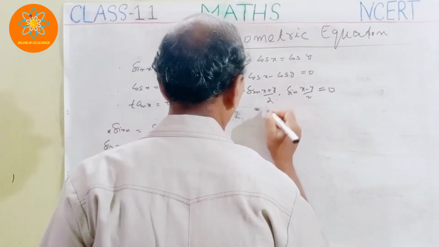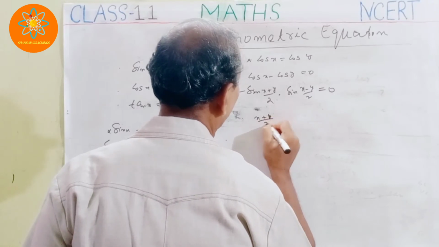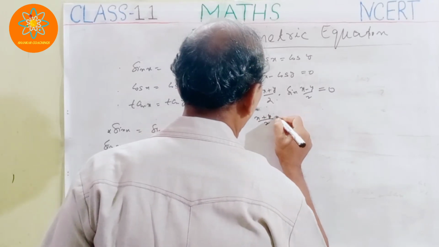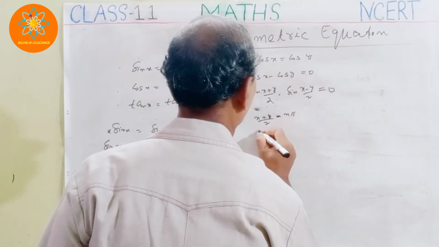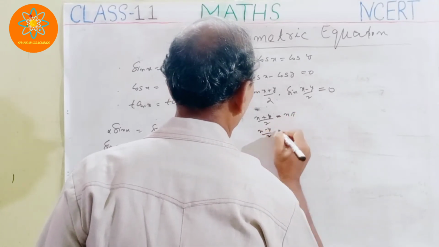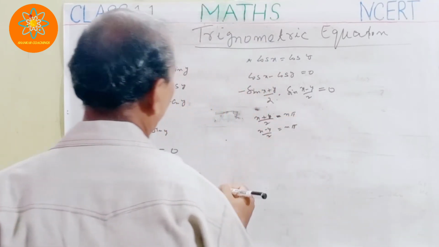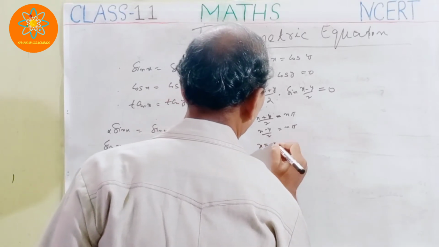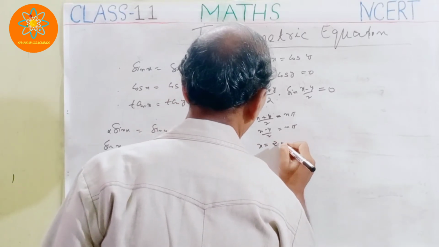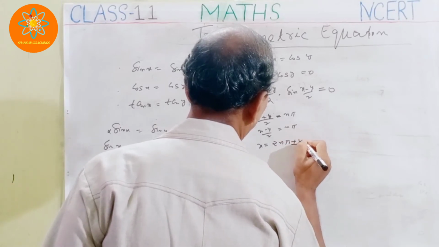So this (x plus y)/2 is equal to n pi, and here also (x minus y)/2 is equal to n pi. If you combine this, you will get x is equal to 2n pi plus minus y.